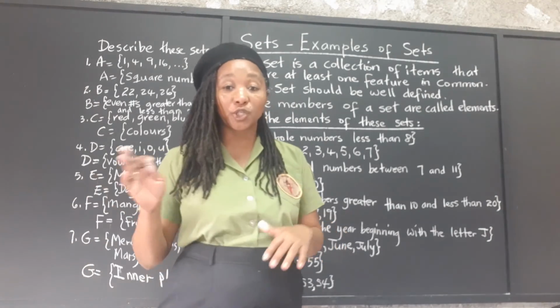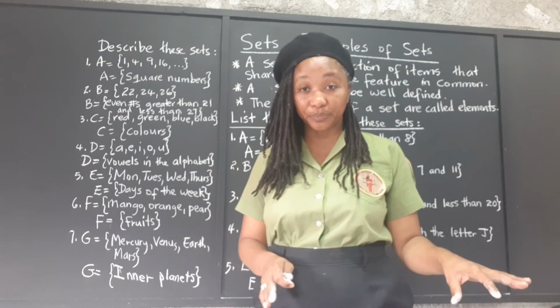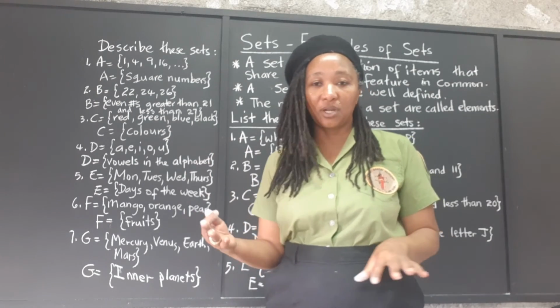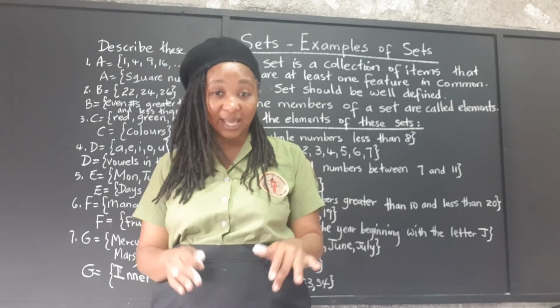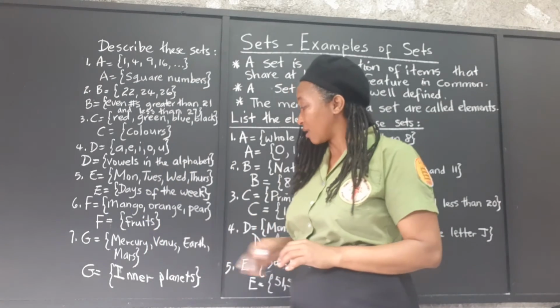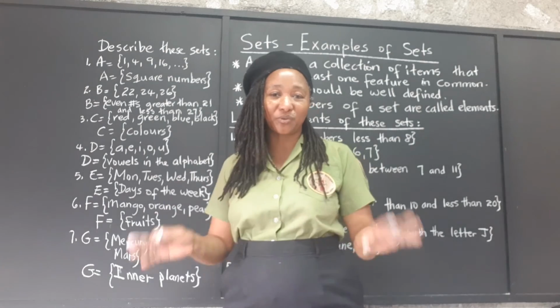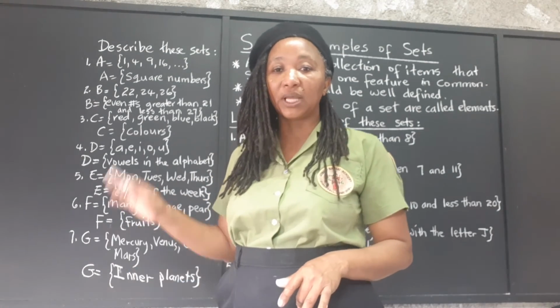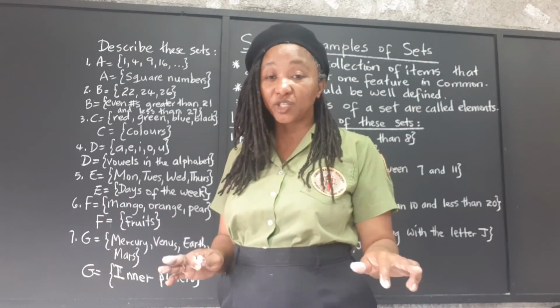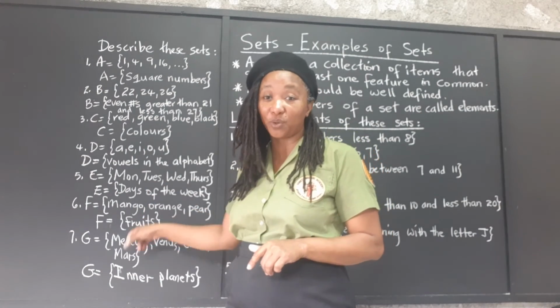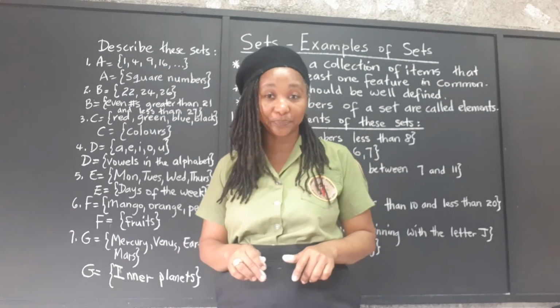So if you want to show off to your maths teacher, to let him or her know that you're good at science as well, you're going to put inner planets, right? Those students who don't really want to show off, they're just going to put planets. But you want to show that you know your stuff. You know that these are the inner planets.